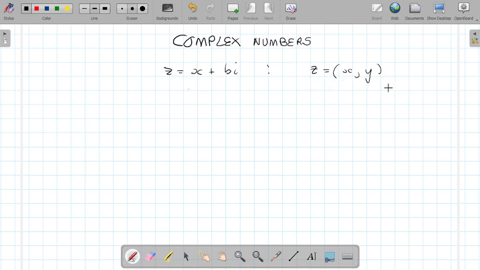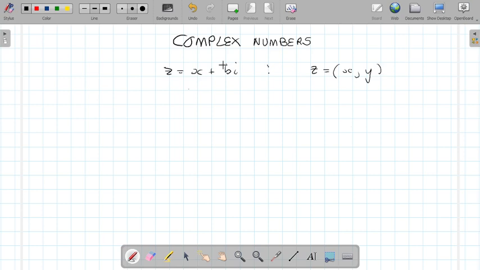You can also think of complex numbers like this. This is very useful because it cuts down a lot of writing. So you can think of a complex number as an ordered pair, that is X and Y in our case.